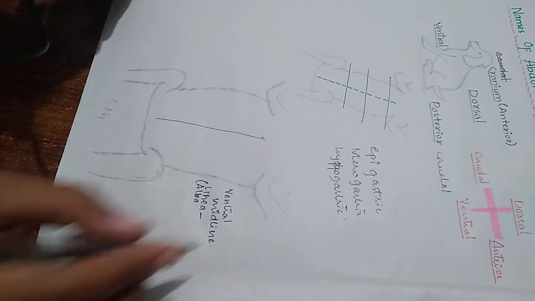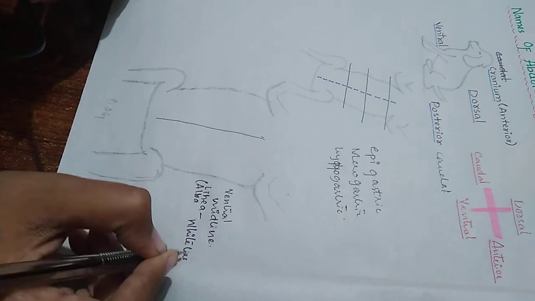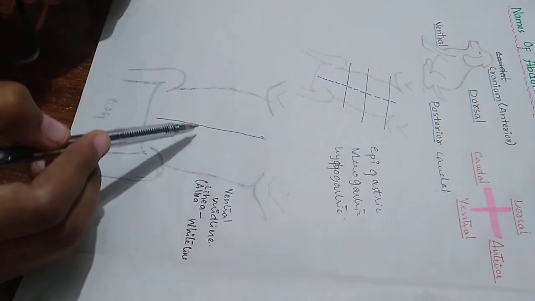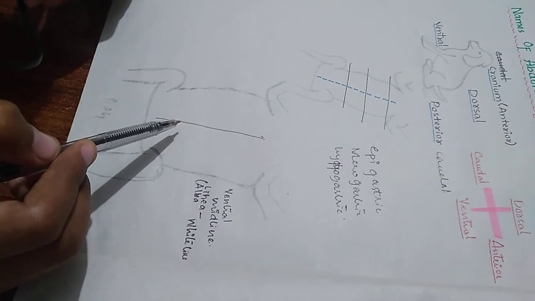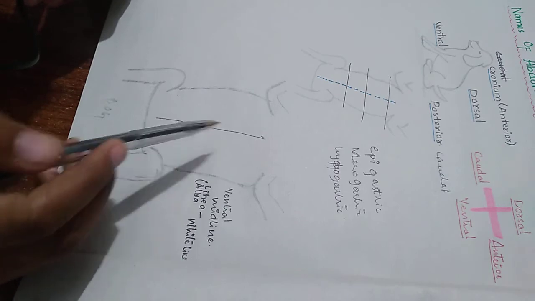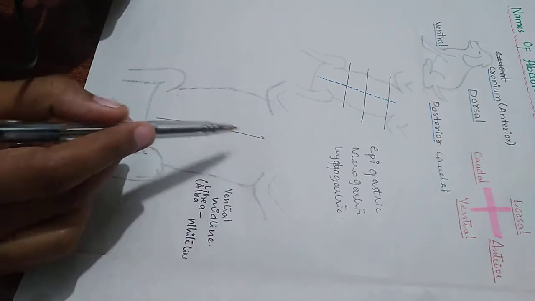This is also known as the white line, because its color is white. It is cartilaginous in structure, and the linea alba is a single midline fibrous line in the anterior abdominal wall. You can find it over here in the midline of an animal's abdominal wall. Its work is to maintain the abdominal muscles at a certain proximity to each other, right? As we know that the abdomen has the muscles, so the muscles are held together.